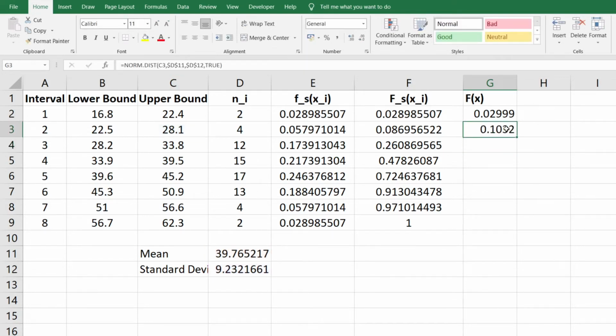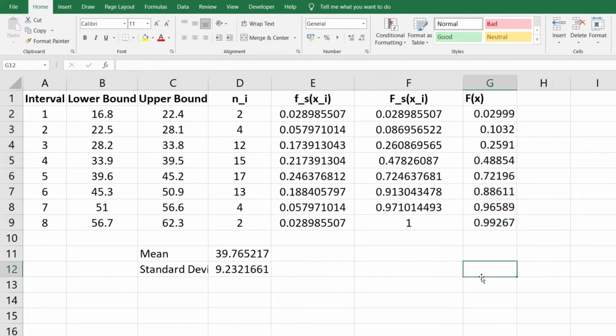O pwede na nating hilain ito pababa. Hindi na mag-move yung mean and standard deviation natin. Okay, you can check kung tama C6, C7, C8. Tingnan niyo hindi na nag-move yung D11 and D12. So yan na yung cumulative frequency distribution natin.